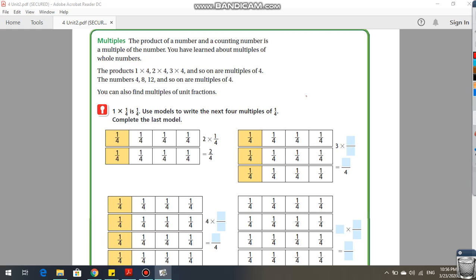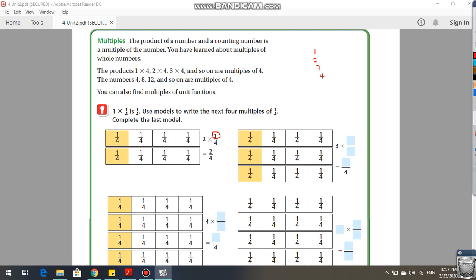So if I want multiples of a quarter, I will look at the numerator. The numerator is 1. What are the multiples of 1? Like table 1, guys, I have 1, 2, 3, 4, and so on.